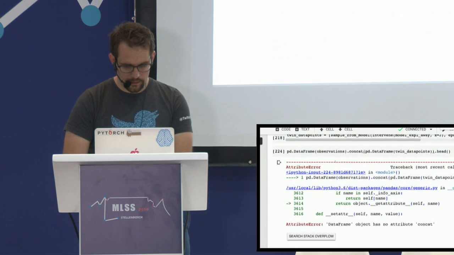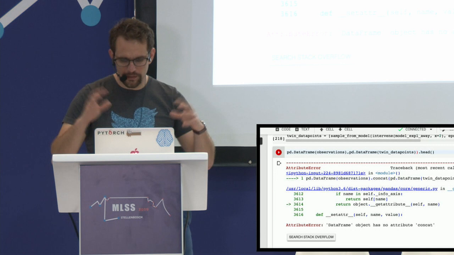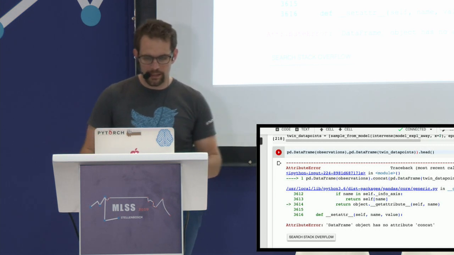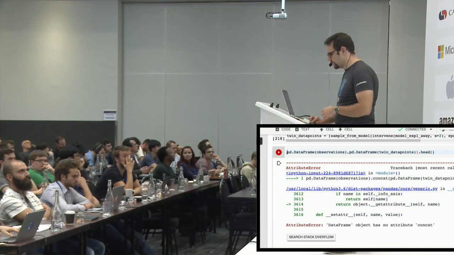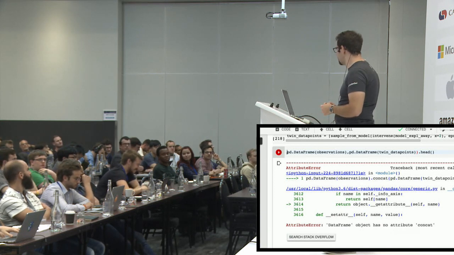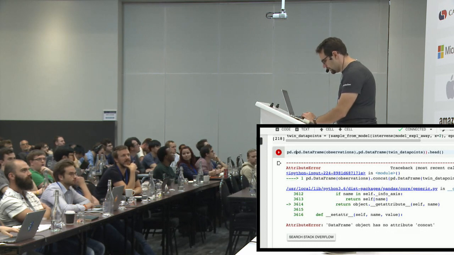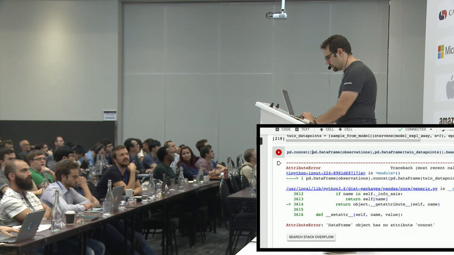What is it? All right, okay. I can't figure out the syntax for this. I wanted to concatenate the two data frames so that I can show the joint distribution. Does anyone know how to do that in Pandas? pd.concat? Yes, okay. Amazing.